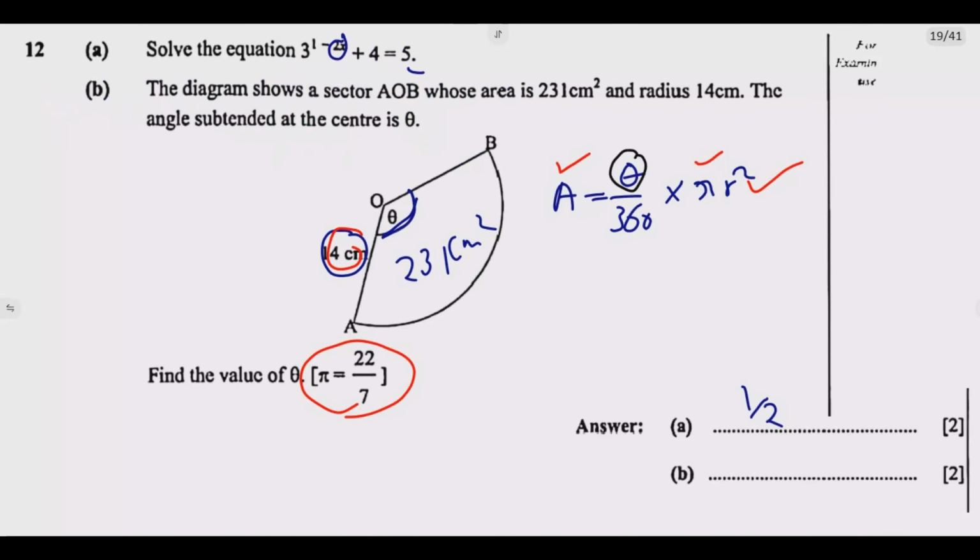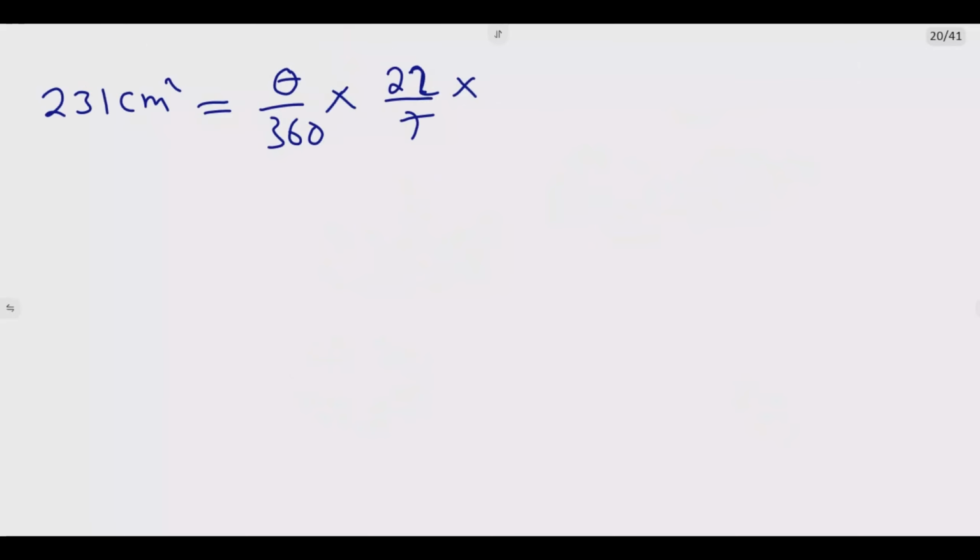So we are going to have 231 centimeter square is equal to the theta we are looking for over 360 times pi, which is 22/7, the pi that we've been given, times the radius, which is 14 centimeter. Then we square it, so it will be 14 square.